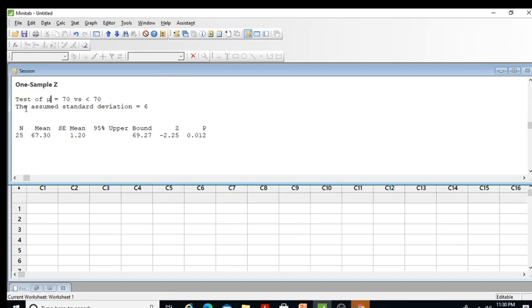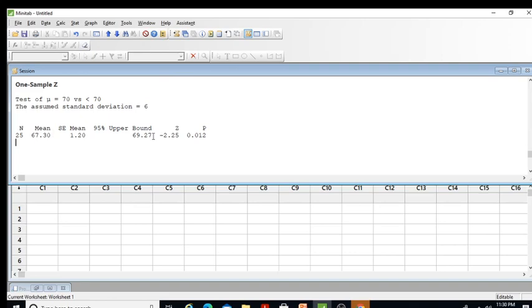Your assumed standard deviation is 6, your sample size is 25, and your mean value is 67.3, and the standard error is sigma over square root of n, which is 6 divided by square root of 25, which would be 1.2, and you estimate the Z statistic, which is minus 2.25, and its critical value we have already seen is 1.645.